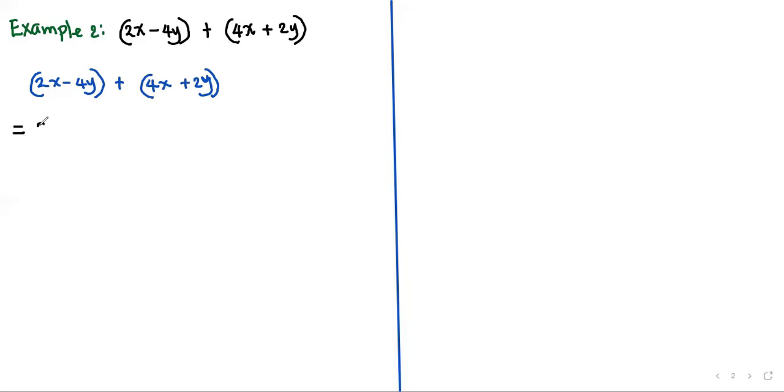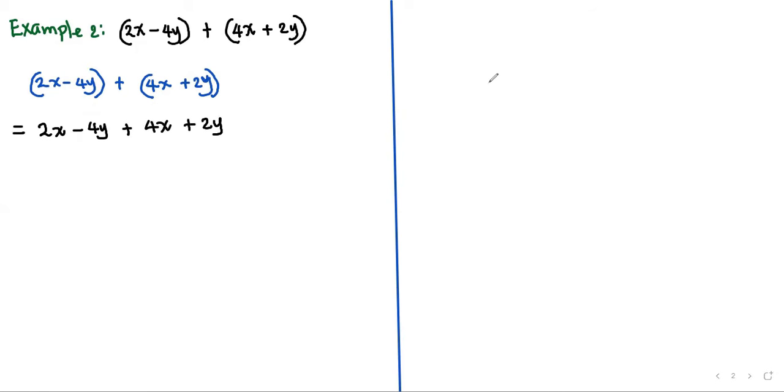So this will be 2x minus 4y plus 4x plus 2y.